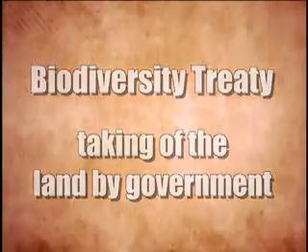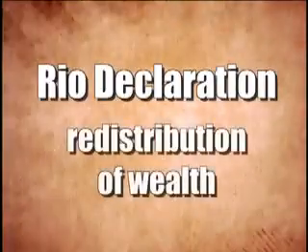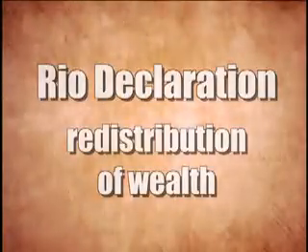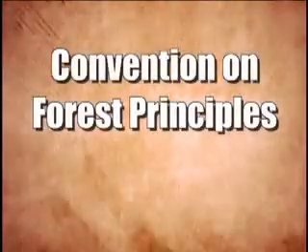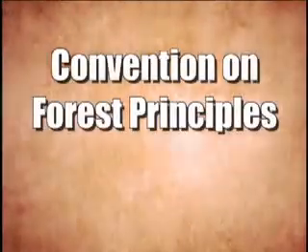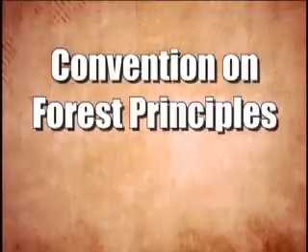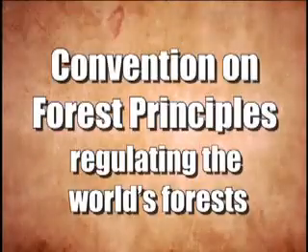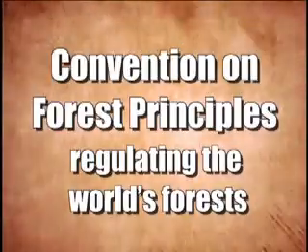The third document was called the Rio Declaration, which called for the eradication of poverty throughout the world by the redistribution of wealth. The fourth document was the Convention on Forest Principles, calling for the international management of the world's forests, essentially shutting down or severely regulating the timber industry.